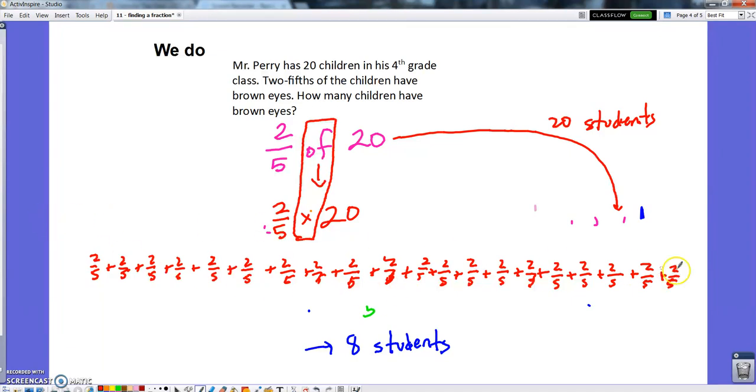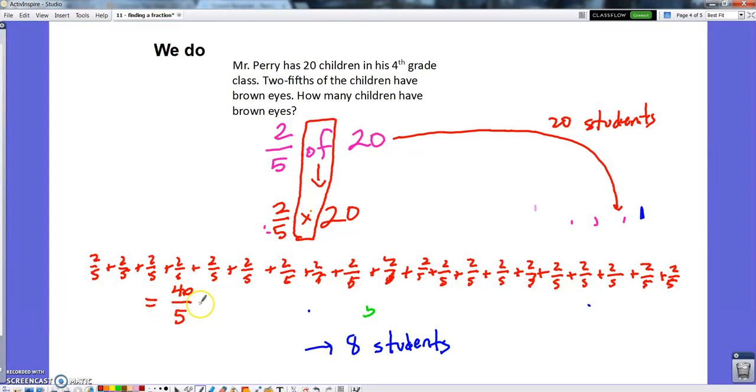So that's a lot of 2/5 to add up, but that'll add up to what will be fifths: 2, 4, 6, 8, 10, 12, 14, 16, 18, 20, 22, 24, 26, 28, 30, 32, 34, 36, 38, 40 fifths. That's kind of weird to say 40/5 of a student.